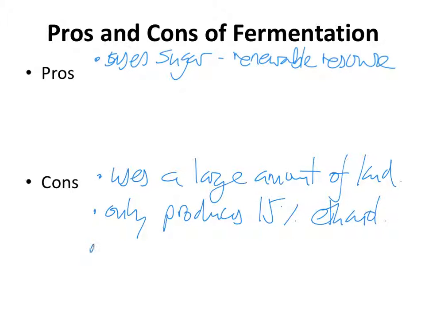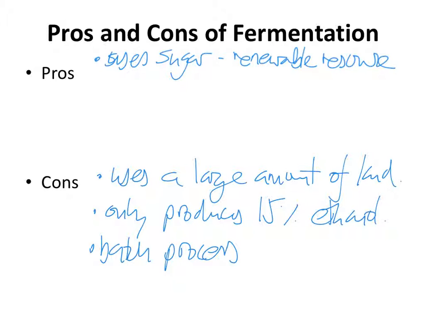And it's referred to as a batch process. The phrase batch process doesn't often get used, but that means that you start a process and then it stops. It doesn't run continuously. And so this method of producing ethanol is a batch process, which is less efficient than a continuous process.